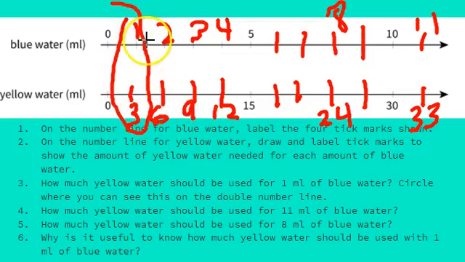If I know that for every 1 milliliter of blue, I need 3 milliliters of yellow, then all I need to do is figure out how much blue water I need, multiply it by 3, and then I get my yellow water. Those match up every single time, so we make the same thing. For every 1 blue water, we have 3 milliliters of yellow.